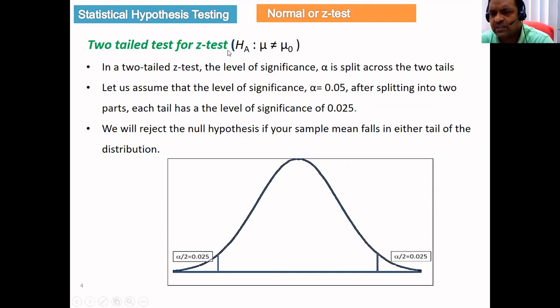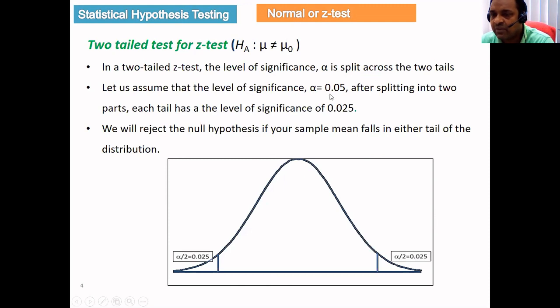We learn the two-tail test and the one-tail test. If we do the Z test for the mean, for a two-tail test, the null is mu equal to some specified value. When you want a two-tail test, you have to split your level of significance into two parts, in two tails. In the left tail, one part alpha by 2, and the right tail also alpha by 2.